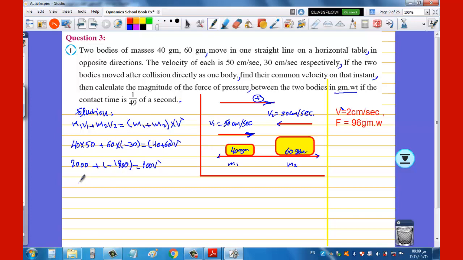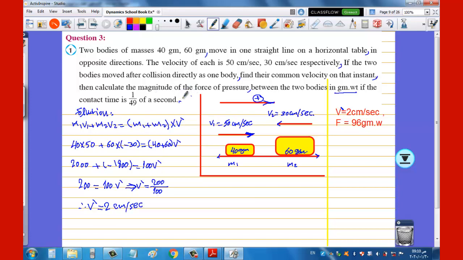So left hand side will be 200, which equal 100 v dash. So v dash equals 200 divide 100. It means v dash, it is the common velocity after collision, equals 2 centimeter per second.